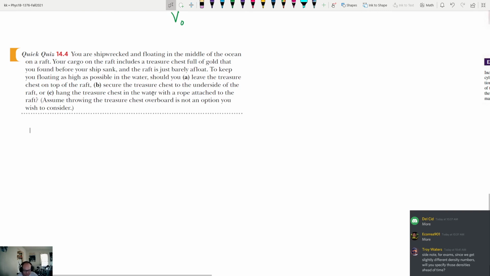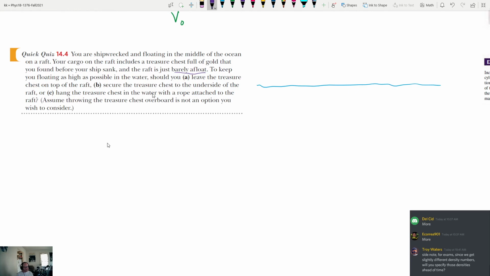All right, so this problem conceptually, I think, sets you up pretty well for one of the lab manual problems that you have to do, because it hints at some of the ideas you need to think about. So we've got this person on a raft, and it says you have a treasure chest, and the raft is just barely afloat.